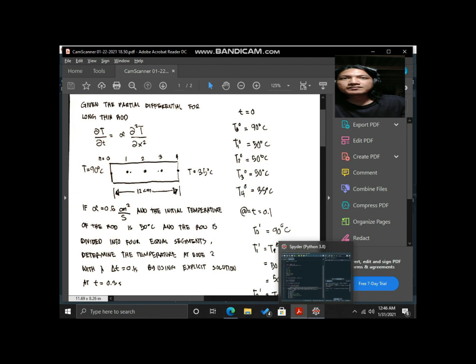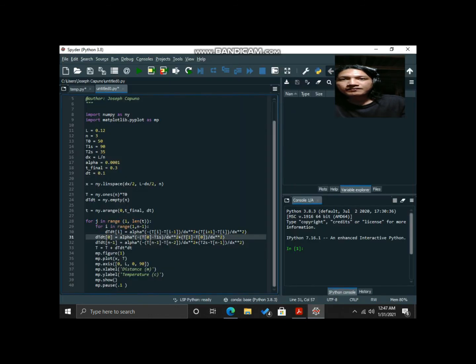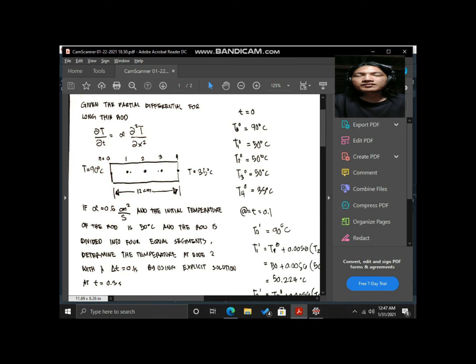So sunod naman is bali papalitan mo lang lahat ng i dito sa part na to, papalitan mo lahat ng i ng 0. So kung ilalagay natin siya dito, magiging 0 minus 1, pero wala namang minus 1 kasi yung minus 1 labas na yun.